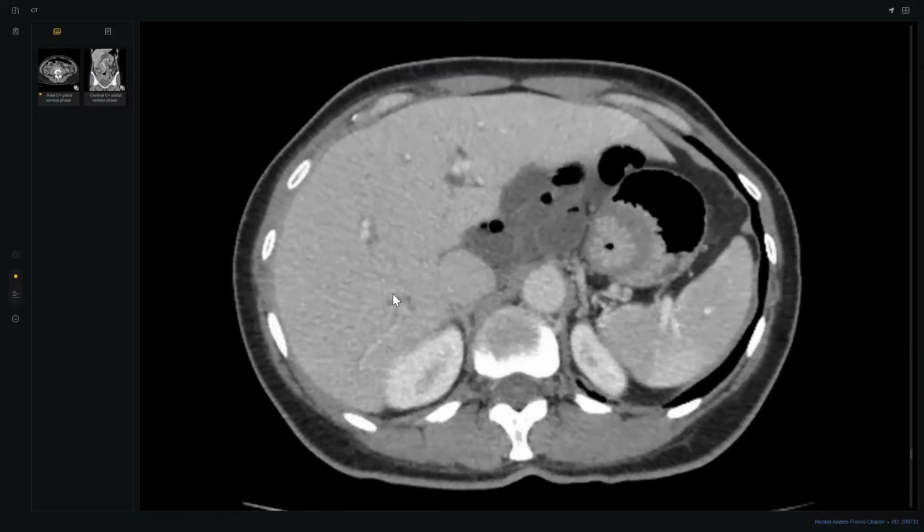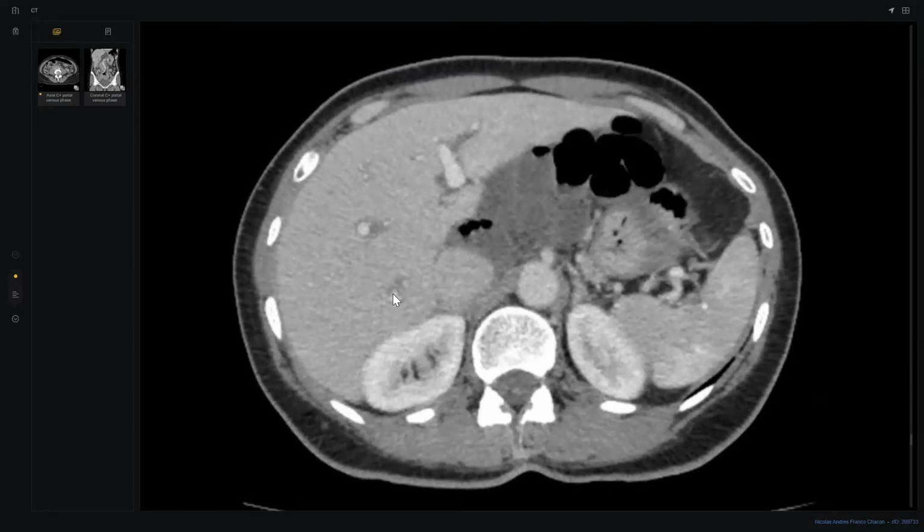What else happened? Look at the periportal area. There is edema, periportal edema. What is your explanation for this? Compression of the portal vein by the hernia.